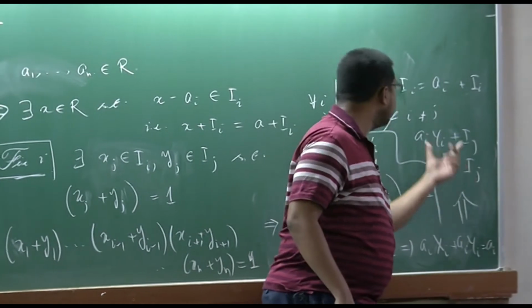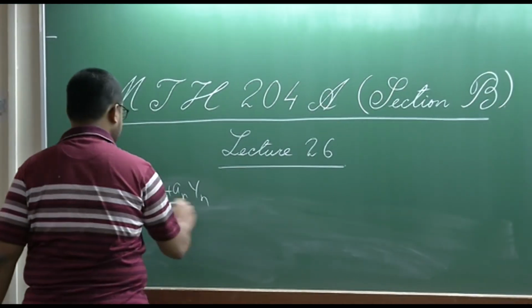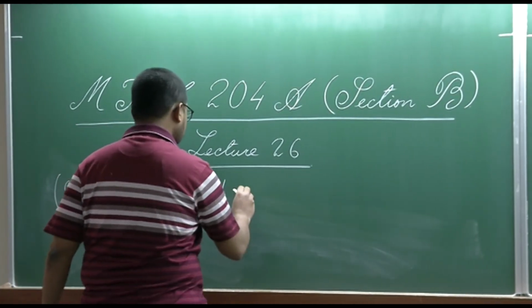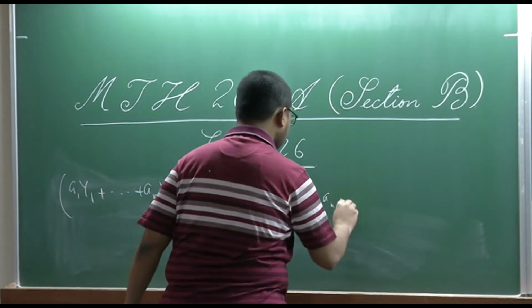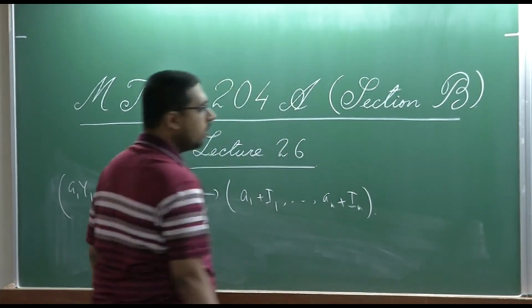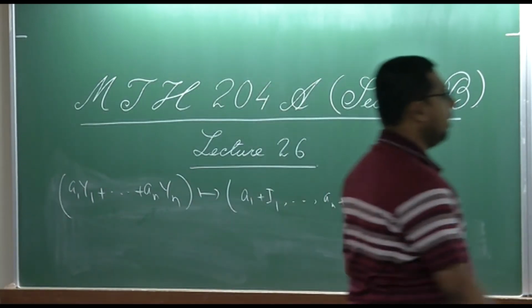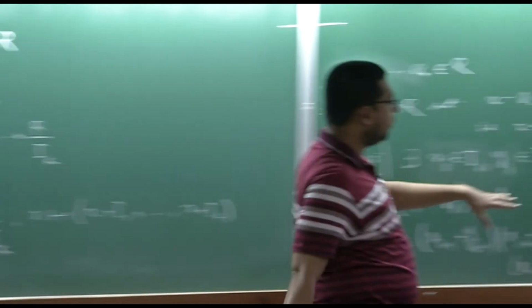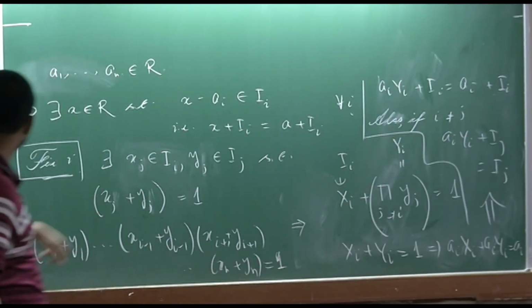In view of this, we see that this exactly maps to this, and this shows the surjectivity of the natural map. So, you see the proof is nothing but the verbatim repetition of the proof for integers.